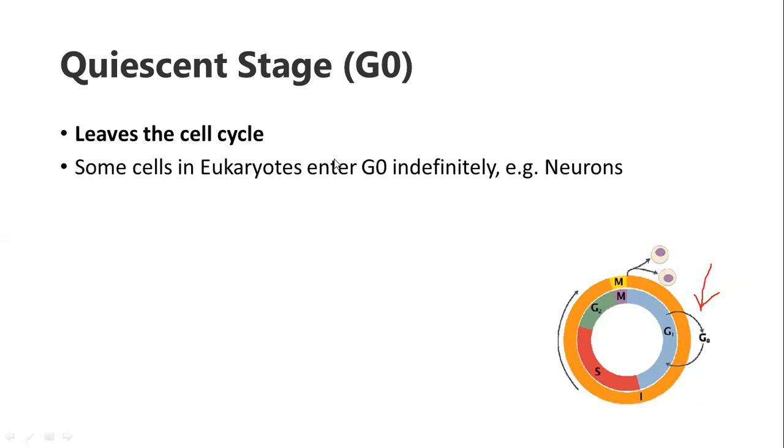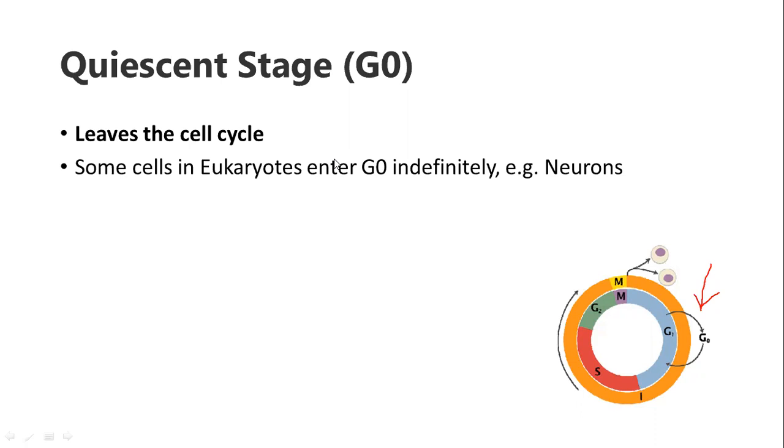In addition to that, during the G2 phase, the chromosomes are able to coil and then shorten. This is in readiness for the cell to enter the mitotic phase.